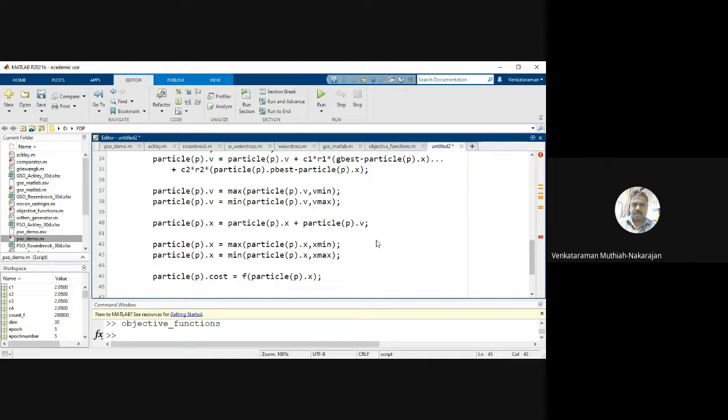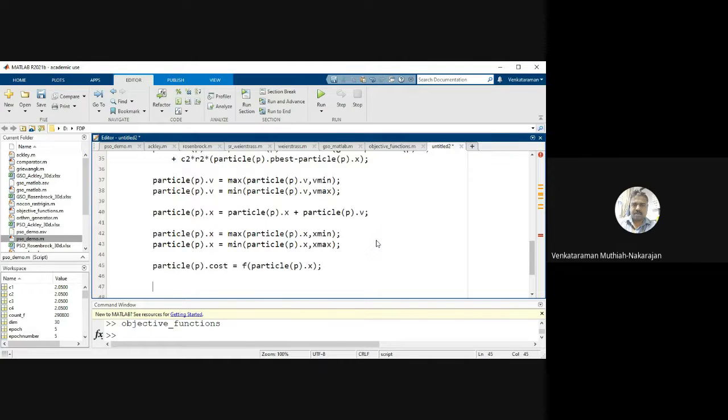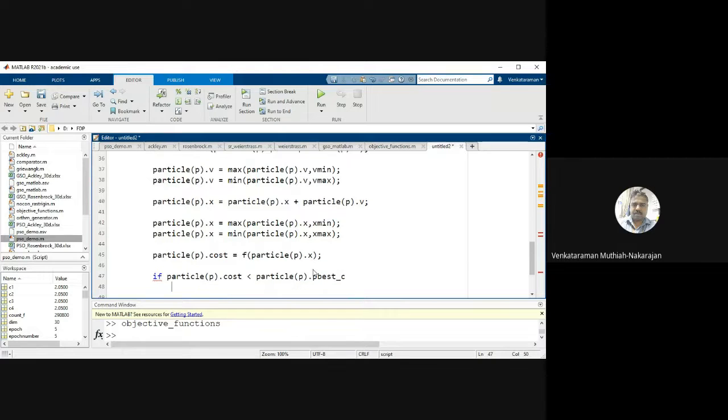We want to see if the new location, particle p dot x, has found out anything new. So if particle dot cost were lower than the personal best, you initialize the personal best.